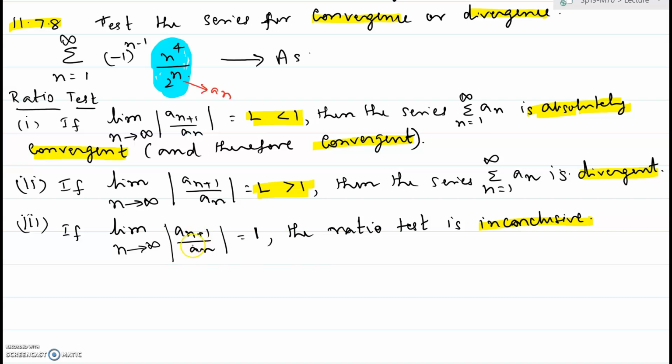So we'll apply this ratio test over here. We have to do limit as n approaching infinity, absolute an plus 1 over an. In the given series, the part without the sign, n to the power 4 over 2 to the n, represents an.